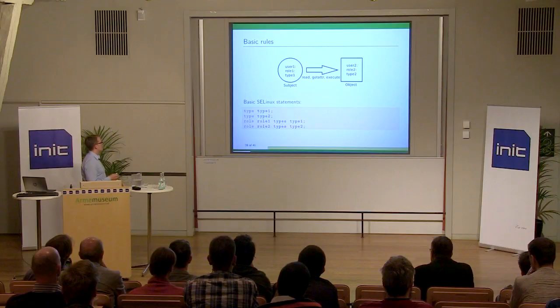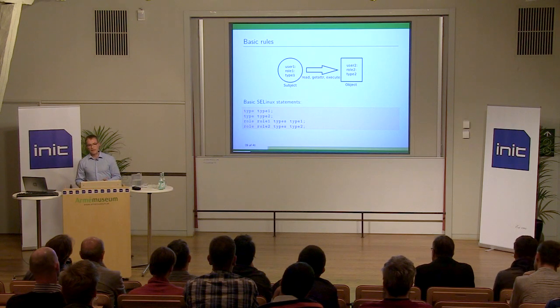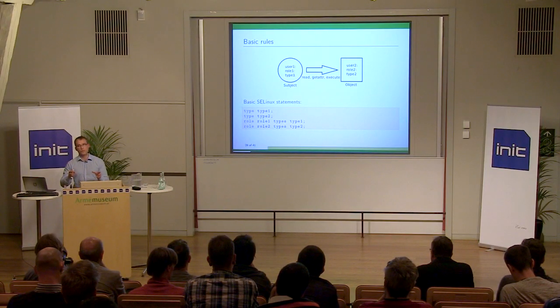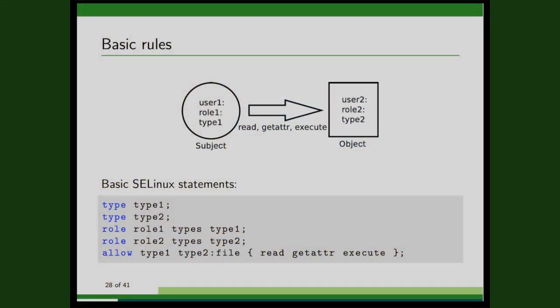Next, you would use the keyword role and declare role 1 and role 2 and associate the types with those roles, because only roles that are associated with certain types form proper security contexts, and this is pretty much everything you need to know about roles. And then you finally have an allow rule that specifies that type 1 may access a file of type 2 with those operations.